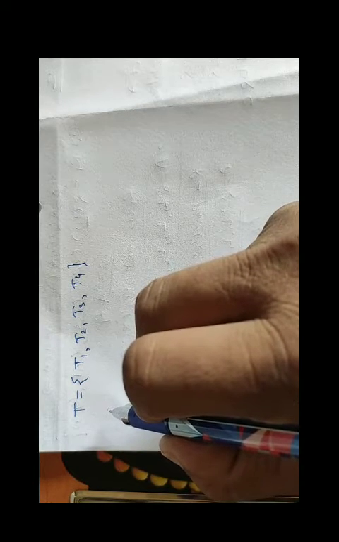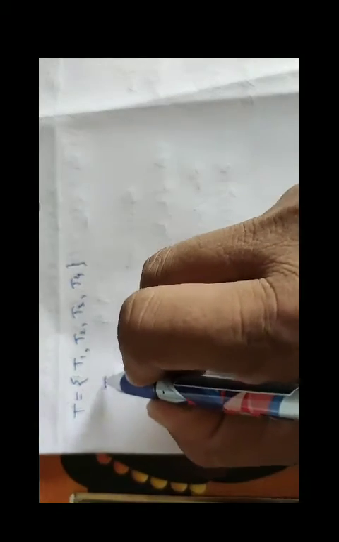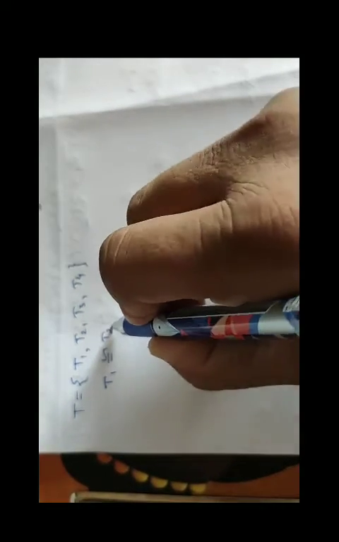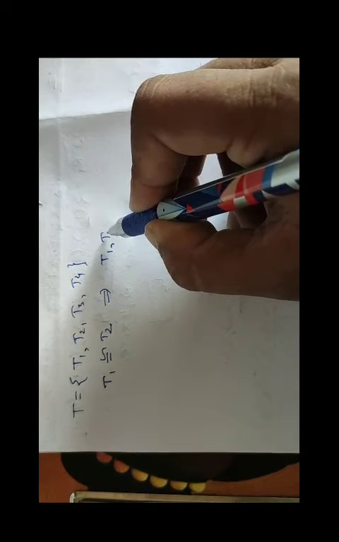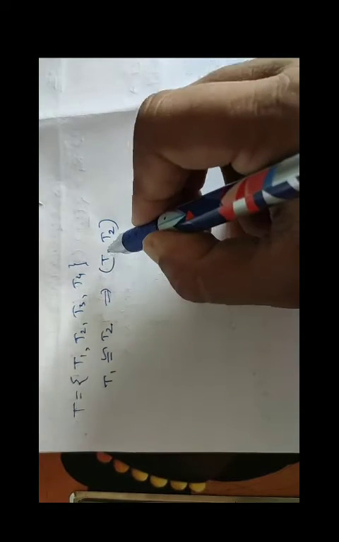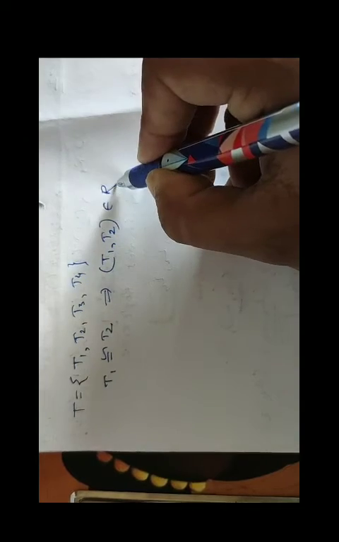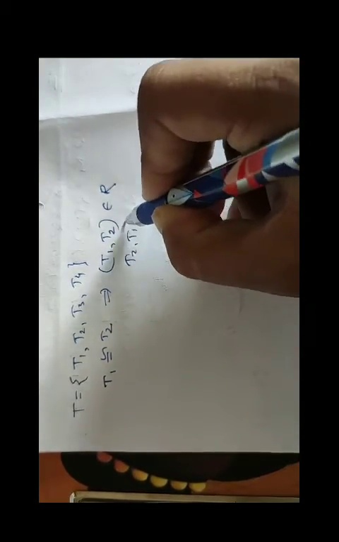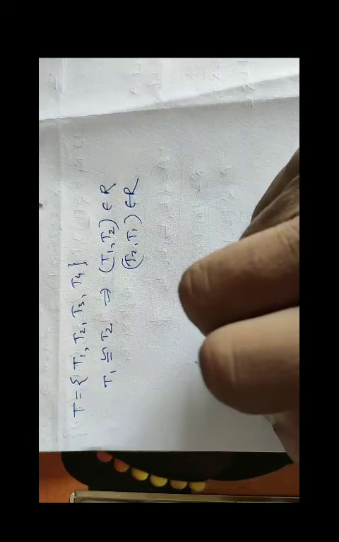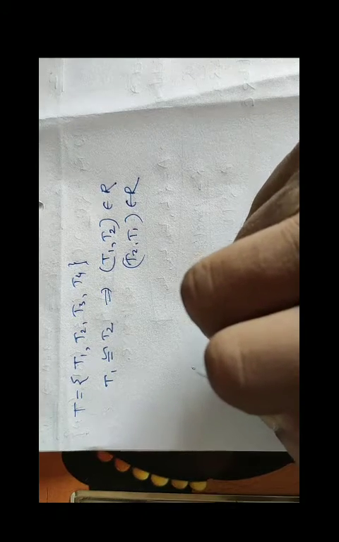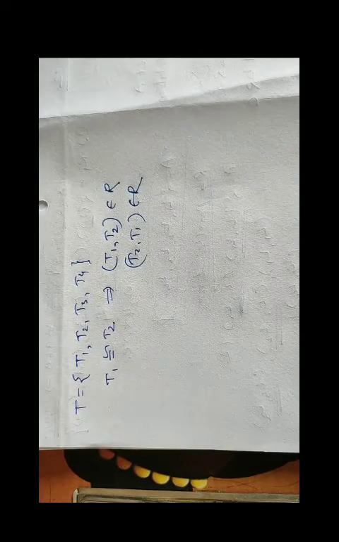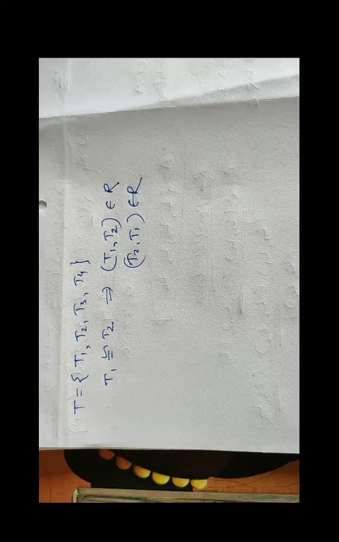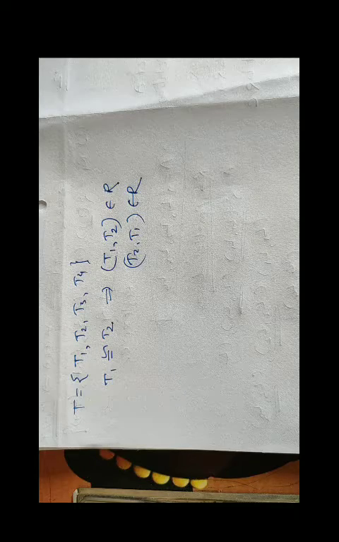If T1 is congruent to T2, and if (T1, T2) belongs to the congruent relation, then (T2, T1) must again belong to that same relation R. So if triangle T1 is congruent to T2, then T2 must be congruent to T1, and such a type of relation is called symmetric relation.